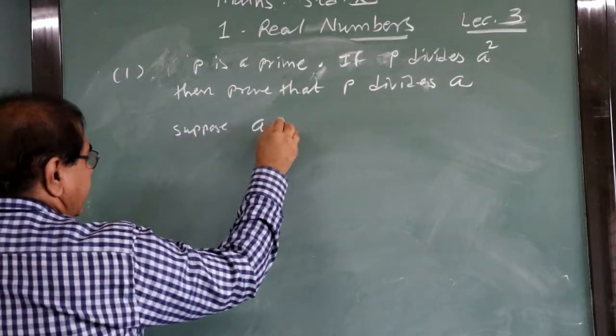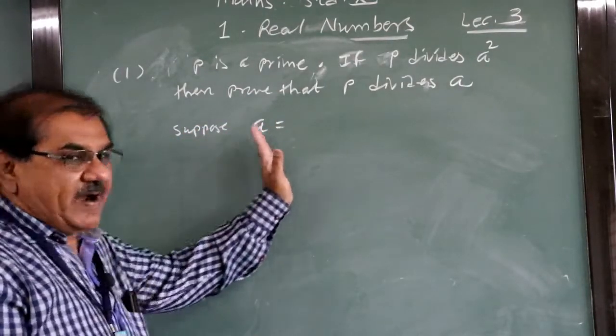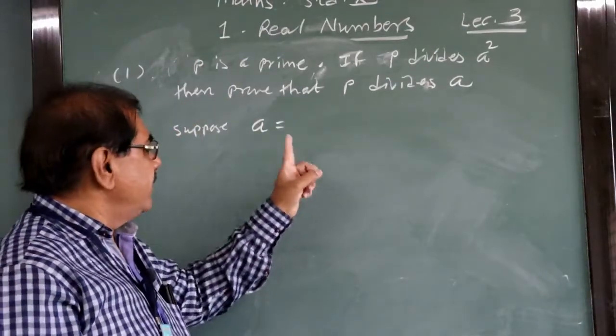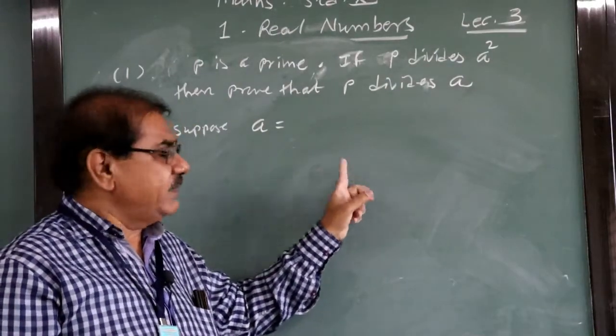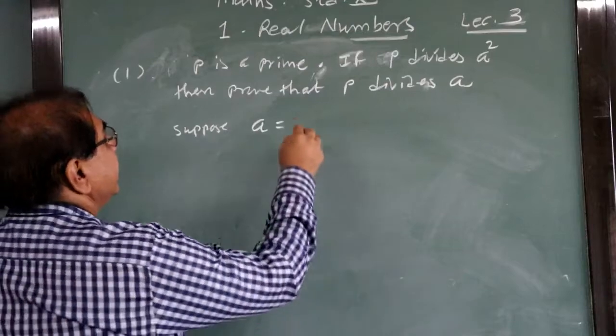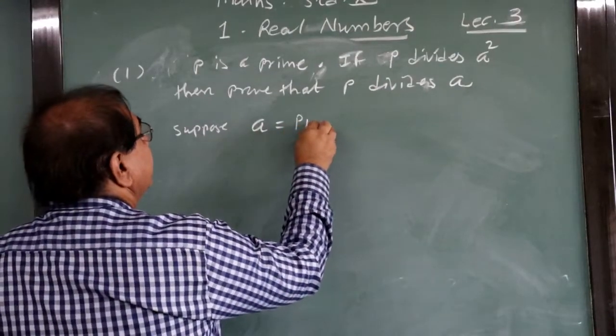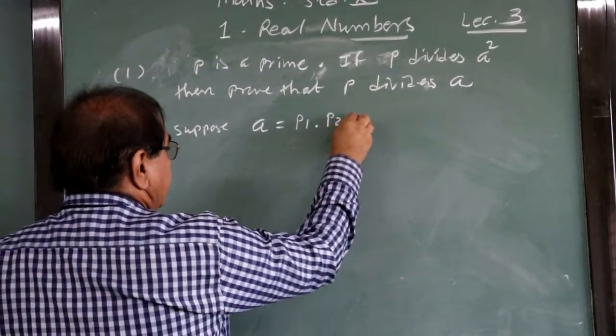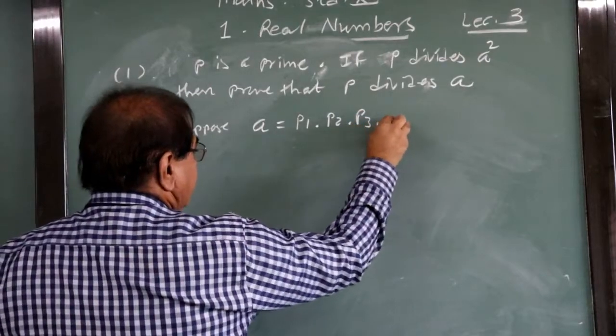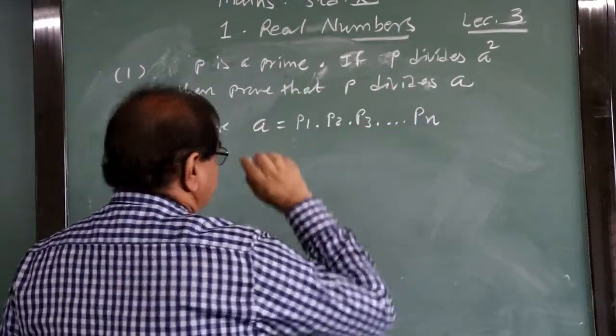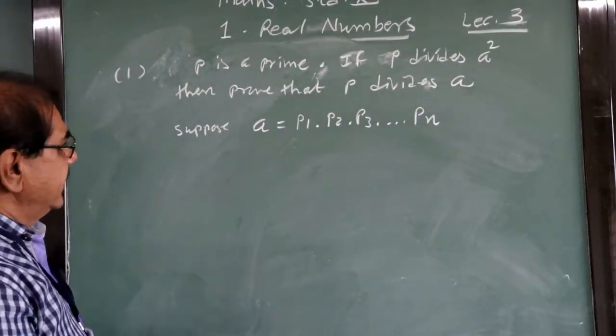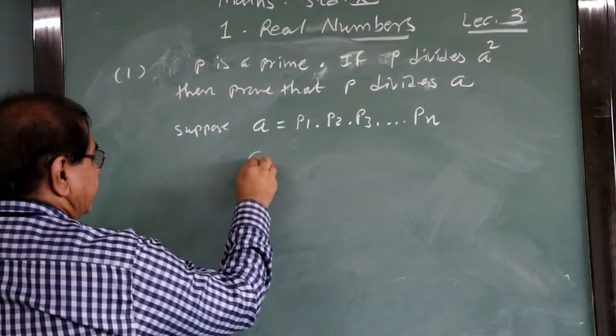that A is a number and its prime factorization as per the fundamental theorem of arithmetic, it is getting some factors like P1 into P2 into P3 into up till Pn. Okay? It is a number. So what is A square?